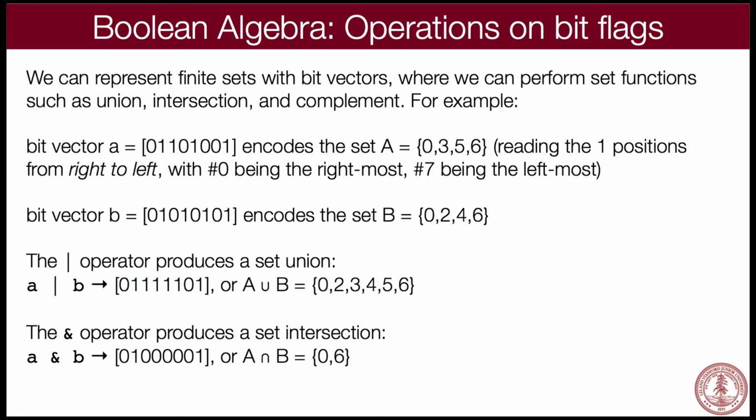It's not, it's just a number, but we can think of it that way. Okay, so let's say we had a bit vector A, which was 0, 1, 1, 0, 1, 0, 0, 1. Doesn't that look like an array of zeros and ones? That's what it looks like. It's not at all, as it turns out, but that's how we can think of it. Okay? And then what we do is we say, okay, this is the 0th bit.